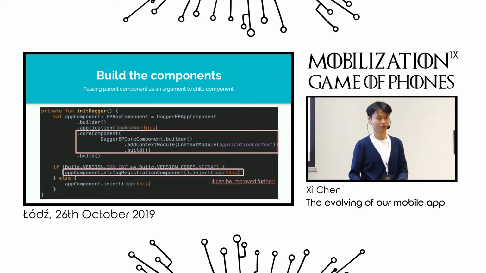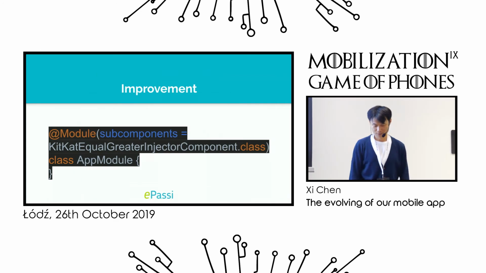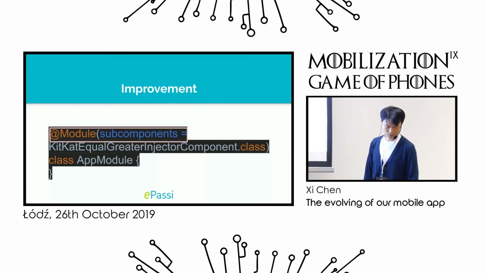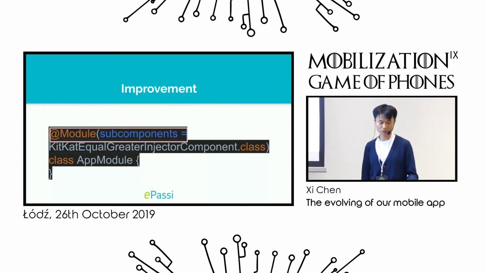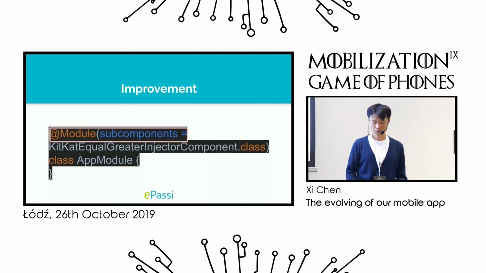We haven't done it yet. Currently, this is our code, but it can be improved further, like this. So we declare our subcomponent inside the module annotation. Why is it better? Because Dagger is smart enough to detect automatically what objects are needed. It only initiates this subcomponent on demand at runtime.